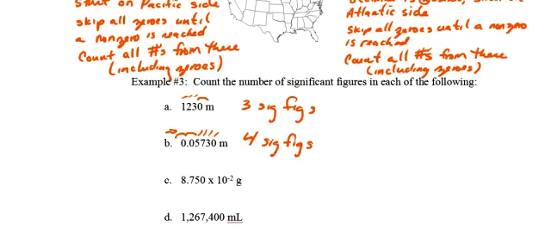In letter C, here's something slightly different. We have scientific notation, but it really isn't different because the decimal is present. You start on the Pacific side, skip any zeros. There's no zeros to skip, and now count all the digits. 1, 2, 3, 4. This also has 4 sig figs.